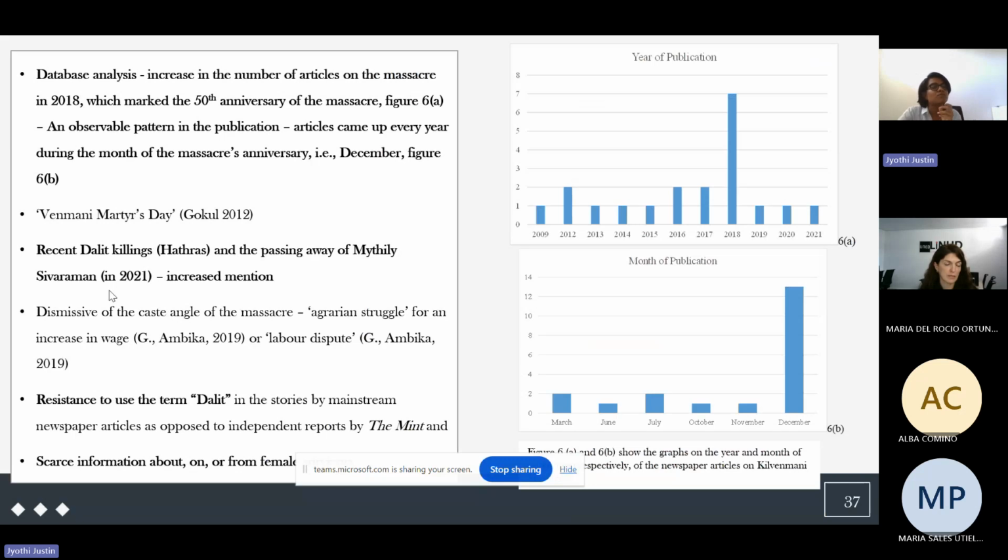And then there is also a resistance to use the term Dalit or to give more information about the female survivors or gender-based violence, for example, rape or other physical assault that happened as part of the massacre. In contrast, such instances of rape or other gender-based atrocities are mentioned in the fictional narratives, but not in the real narratives.